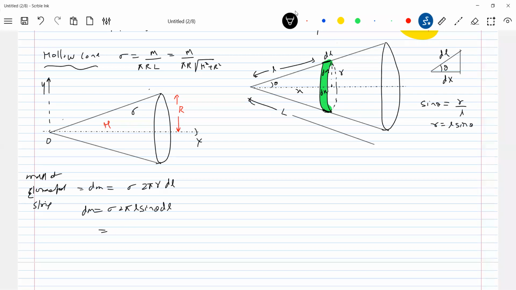What is sigma? Sigma is m by pi r root of h square plus r square, times 2 pi L sine theta dl. This is the value of dm. Pi gets eliminated, so the total dm will become equal to 2m.